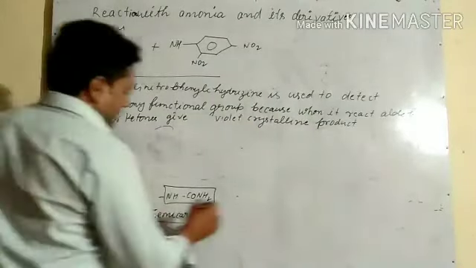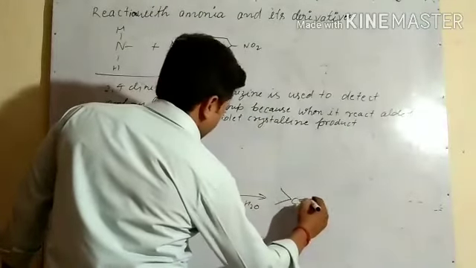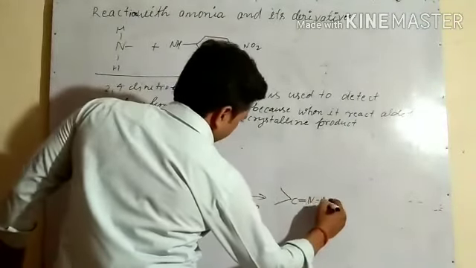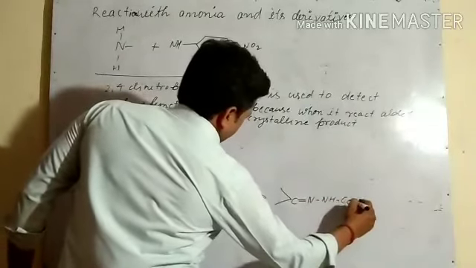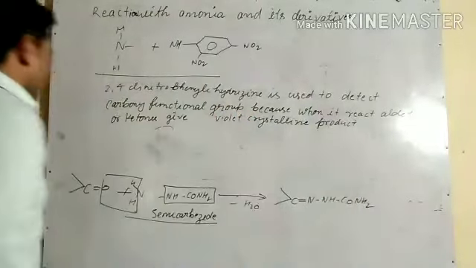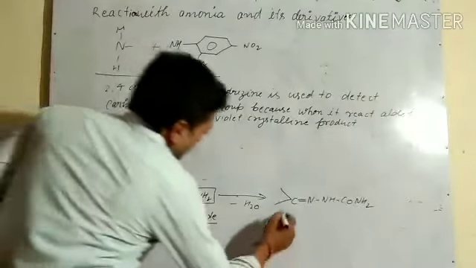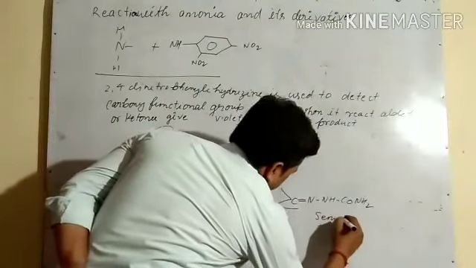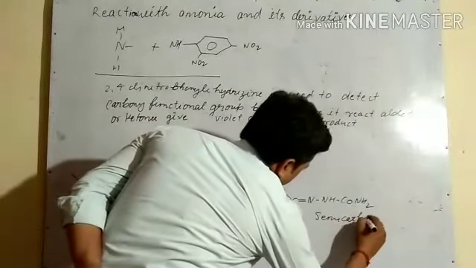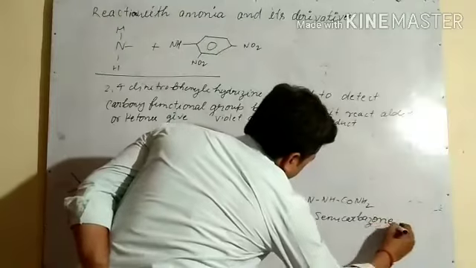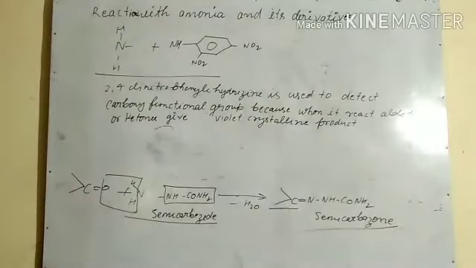Okay, so it will form the product, with H and HCONH2. Then semi-carbazone. So we got the product, semi-carbazone.